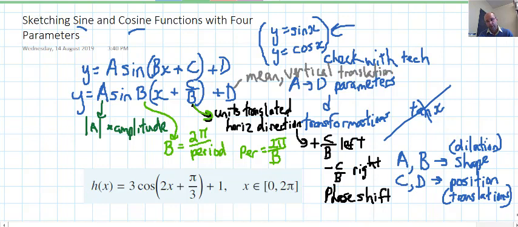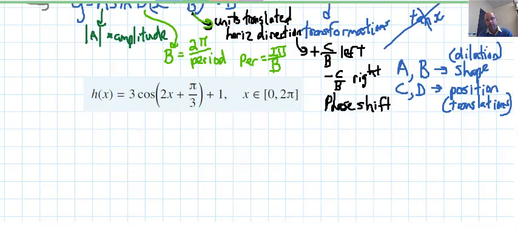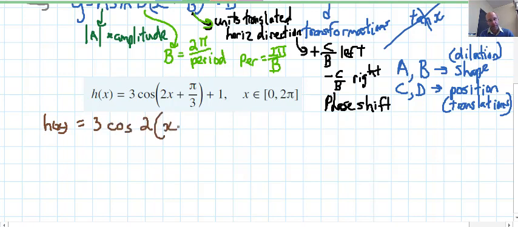So let's have a look at our given function there, and we're going to sketch that in a second. We just want to factorize it first so that we have it in this form here. So here we go, we've got h of x equals 3 cos, now this is where we factorize it, 2 outside of x plus pi on 6, because that's C on B, so pi on 3 on 2 is pi on 6, plus 1.